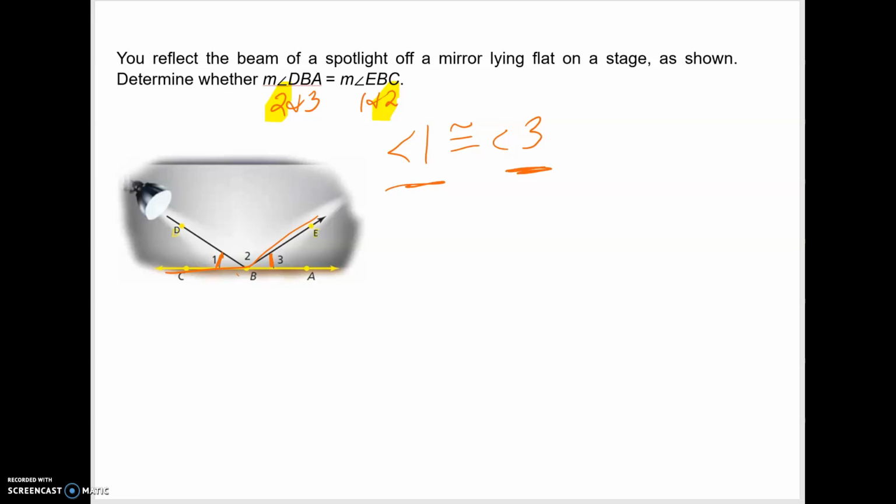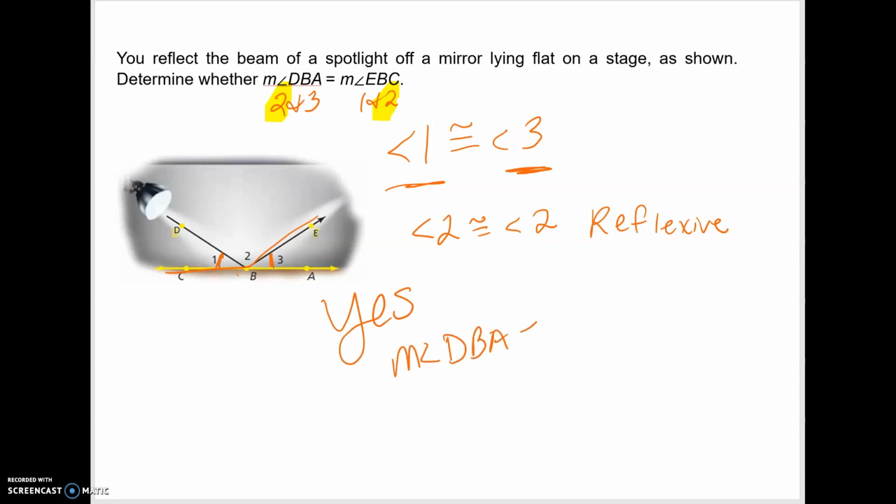So for those of you that were asking when we would ever use that, angle 2 is congruent to itself. That's your reflexive property right there. Okay, and then I know that angle 1 and angle 3 are congruent. So yes, the measure of angle DBA is equal to the measure of angle EBC.